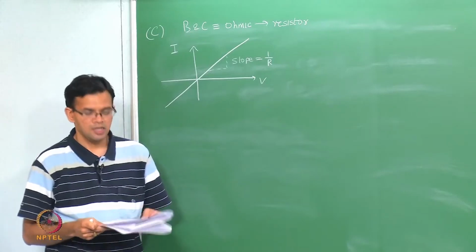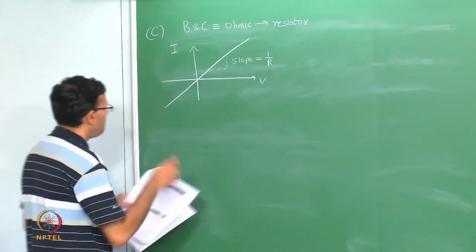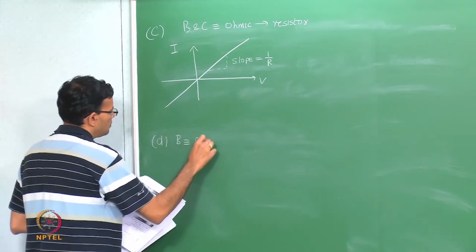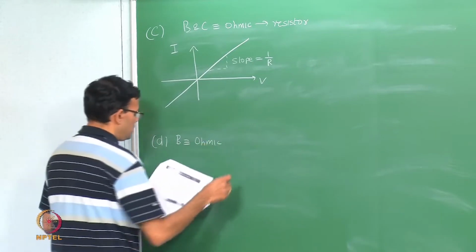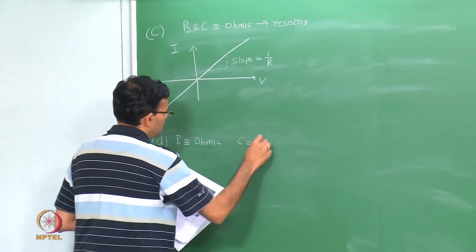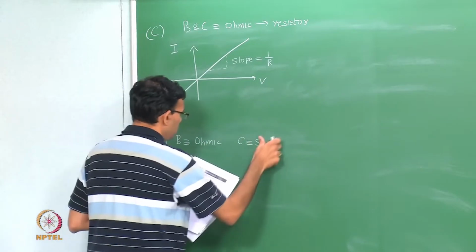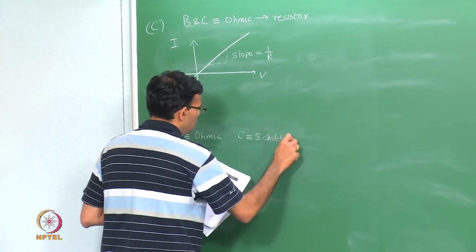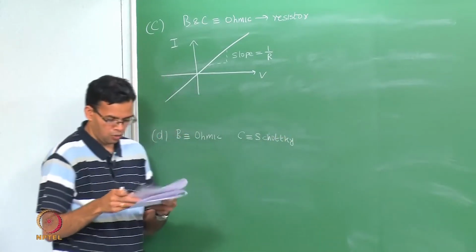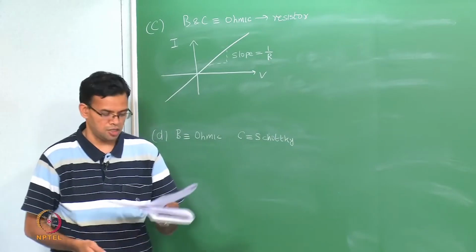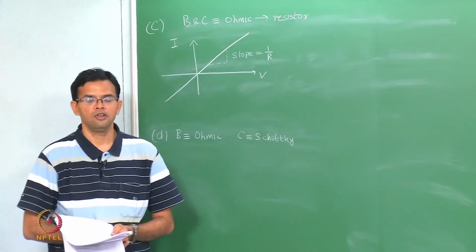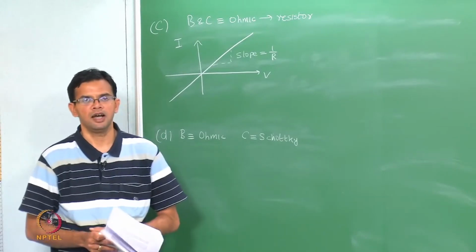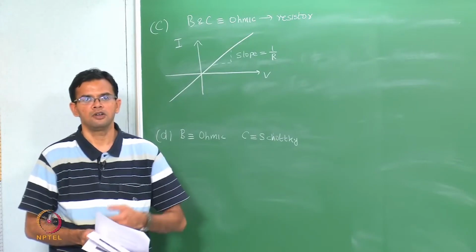Part D, sketch the IV characteristics when B is ohmic and C is Schottky. So, we have one ohmic and one Schottky junction. In the case of a forward bias, the Schottky junction will be essentially a high conductor, so it will start to conduct.